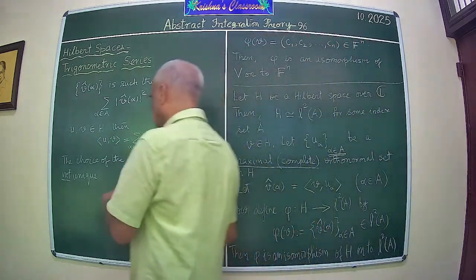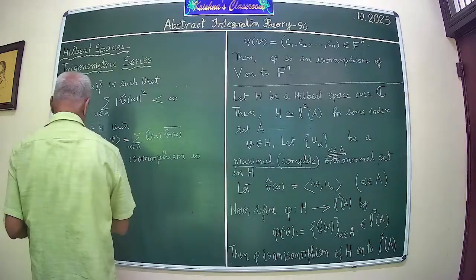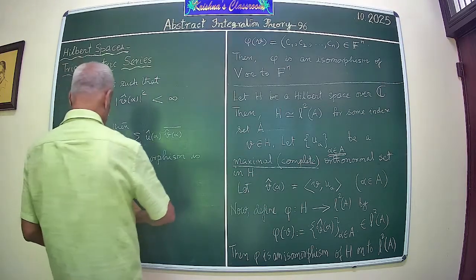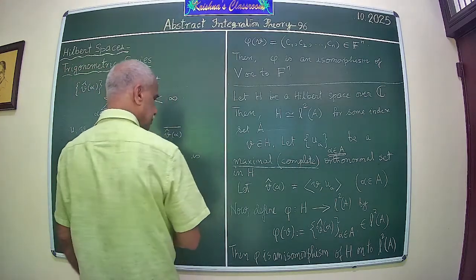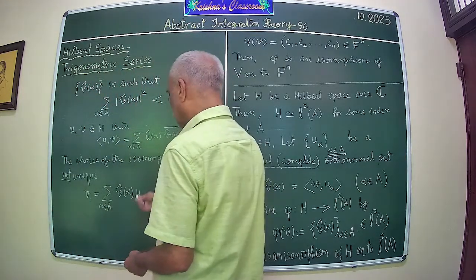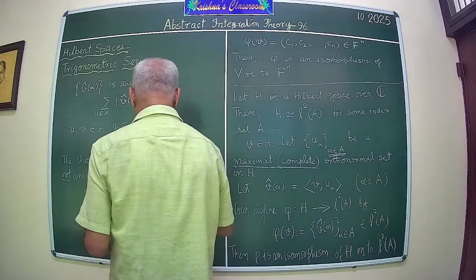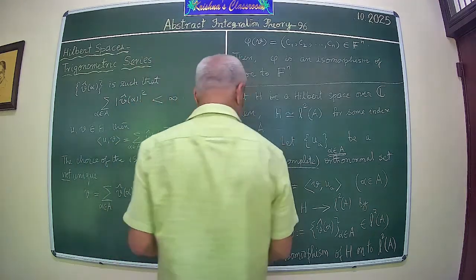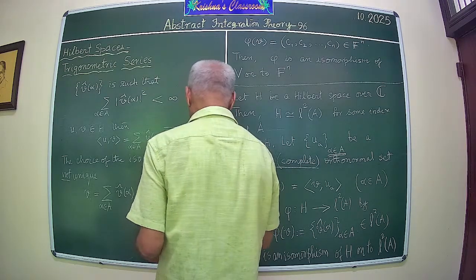How it comes from this: V is written as, and then use orthonormality, and you get this as C V hat alpha, is what you have.